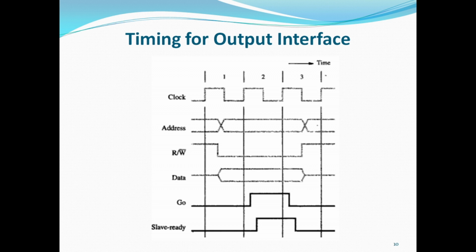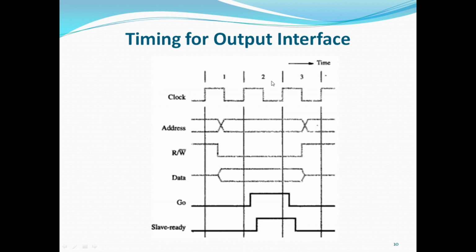Kindly analyze this timing diagram for the output interface. I'll repeat: the processor sends the data at the same time as the address in clock cycle 1, and the timing logic sets G0 to 1 at the beginning of clock cycle 2.